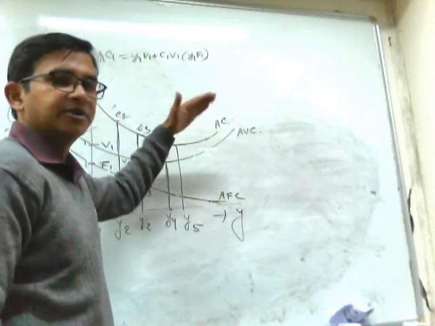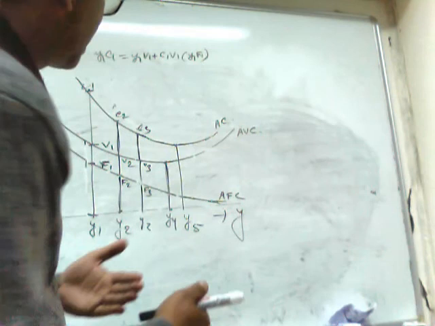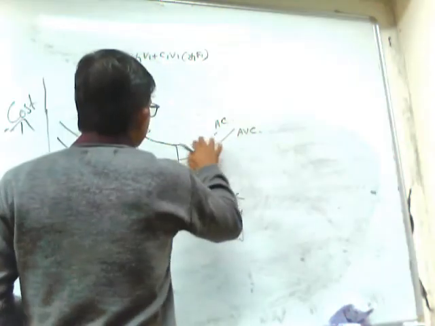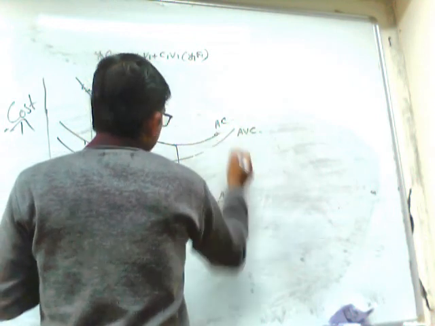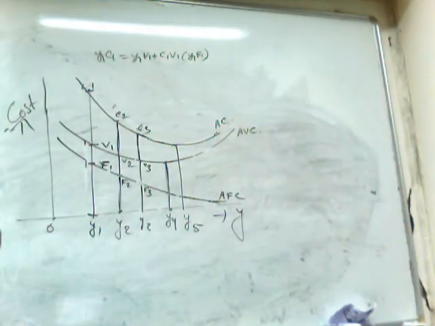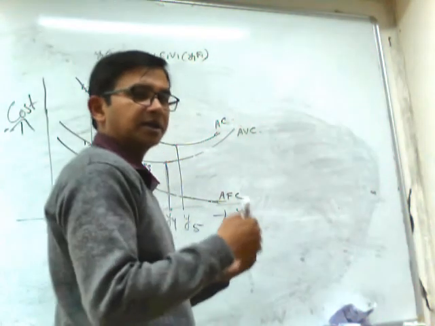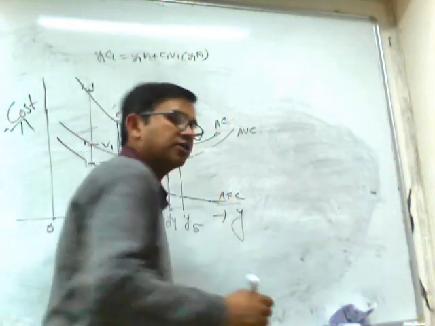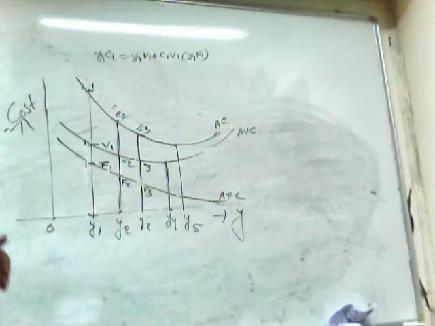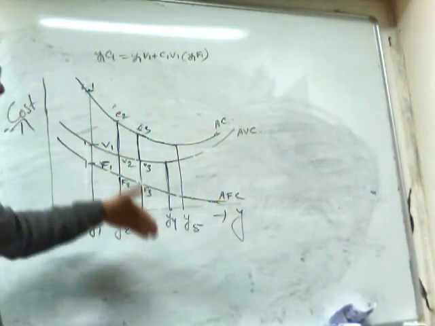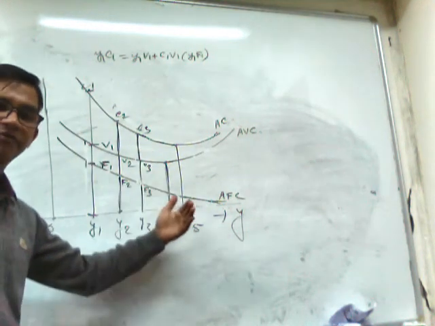Similarly, AC will always converge towards the AVC curve, but AC and AVC will never intersect each other. The vertical distance between these two will definitely be declining, but they will never intersect because AFC is always greater than 0. So this is the derivation of the average cost curve by the vertical summation of the average fixed cost and average variable cost curves.